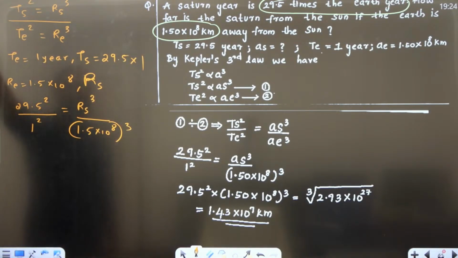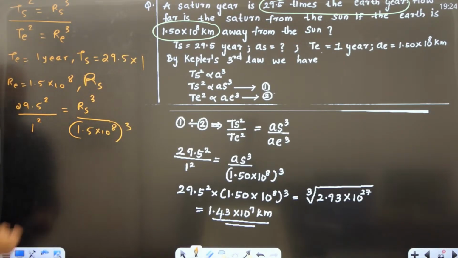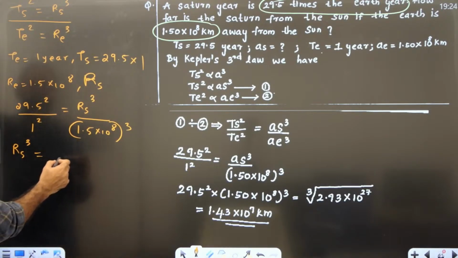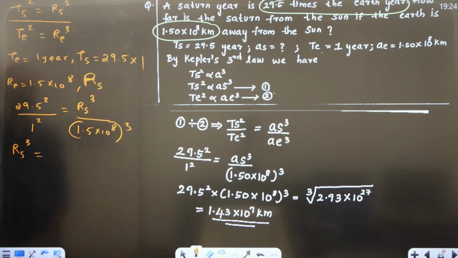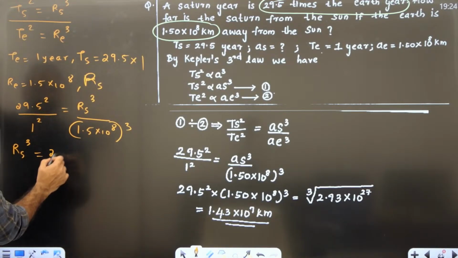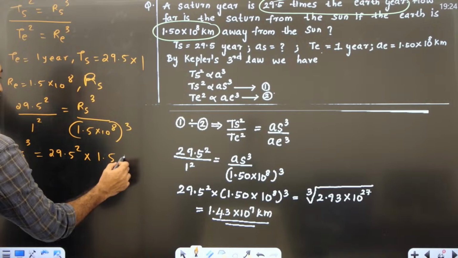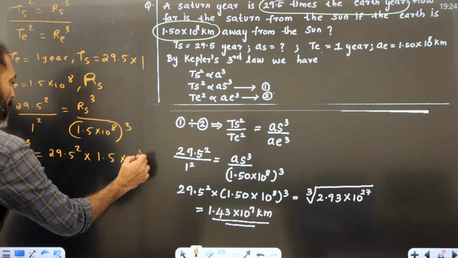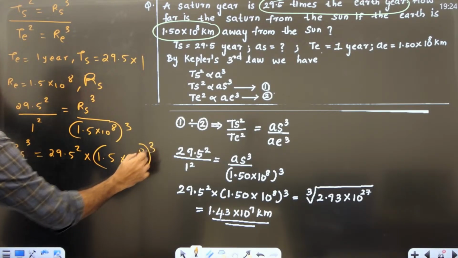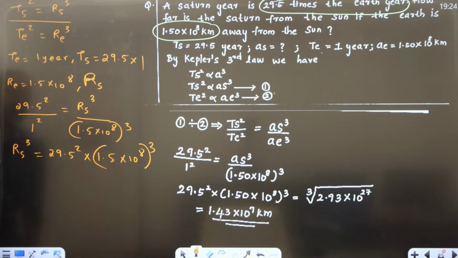Any doubt? So Rs cube is equal to 29.5 square into 1.5 into 10 raised to 8 the whole cube. That is Rs cube.